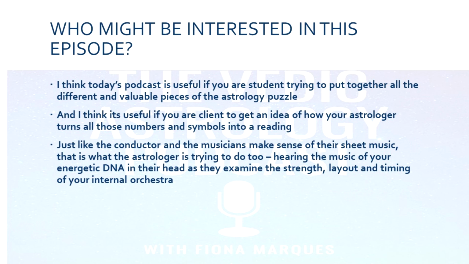And just like the conductor and the musicians make sense of their sheet music, that is what the astrologer is trying to do as well. They're trying to hear the music of your energetic DNA in their head as they examine the strength and the layout and the timing of your internal orchestra.